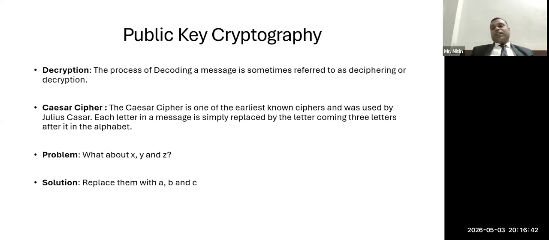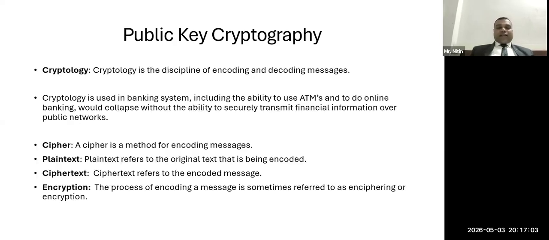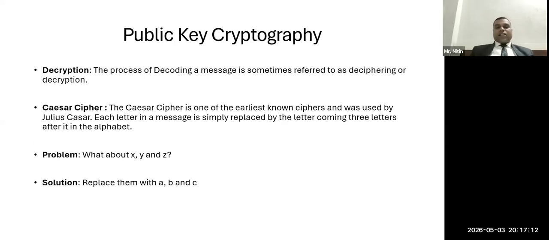It is the process of decoding the message, sometimes referred to as deciphering or decryption. By decryption, we will get the original message which was transferred by the source. So these are the terms we need to understand in cryptography: cipher, plain text, ciphertext, encryption, and then decryption.